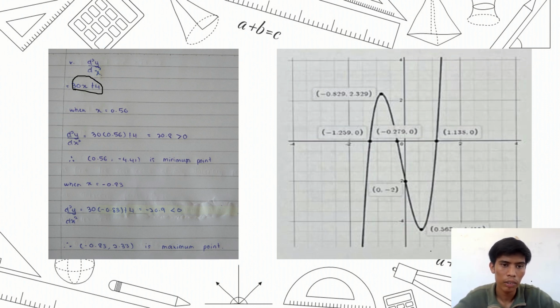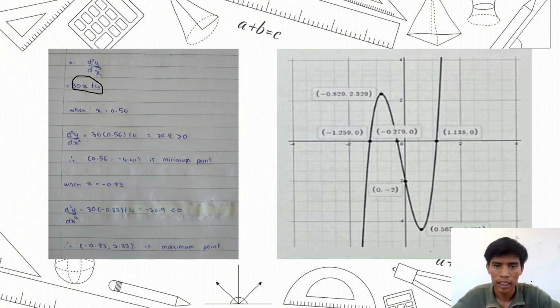And then after we get the answer, when x equals 0.56, just fill the x into d squared y over dx squared, and the answer is like this. And then when x equals negative 0.83, the answer is negative 20.9. This is the main point.